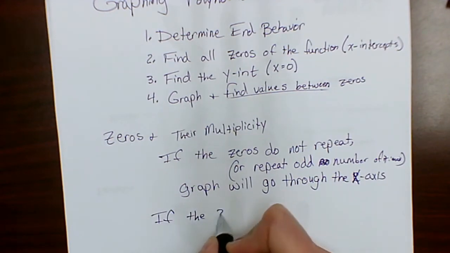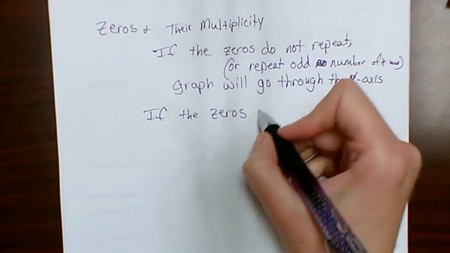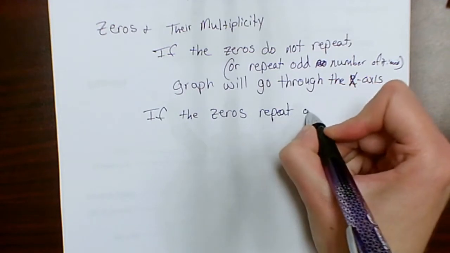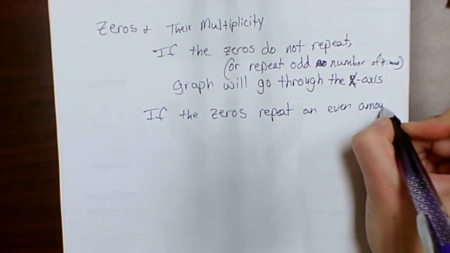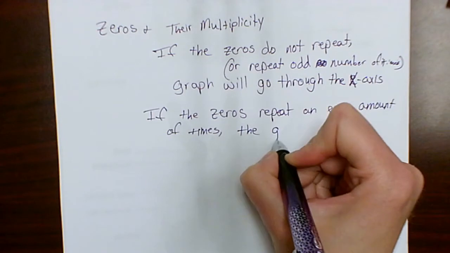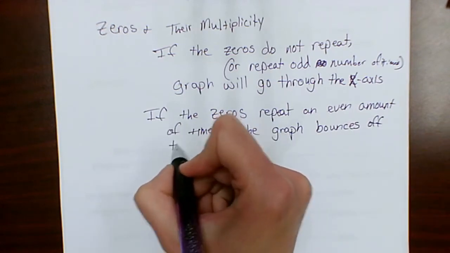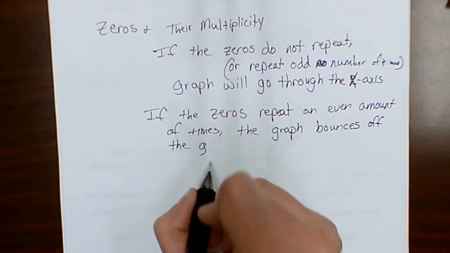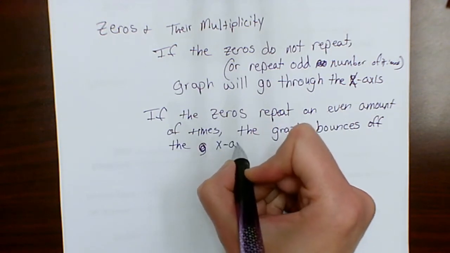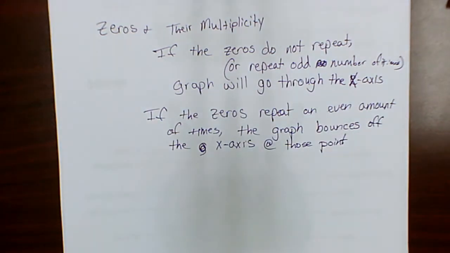If the zeros, when you're finding the zeros, when you're factoring in this case, repeat an even amount or number of times, the graph bounces off the x-axis at those points, or at those repeated zeros. So let's go ahead and graph one of these.